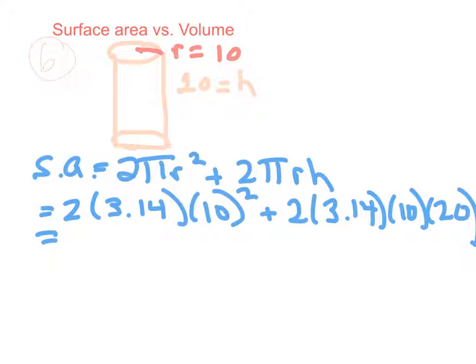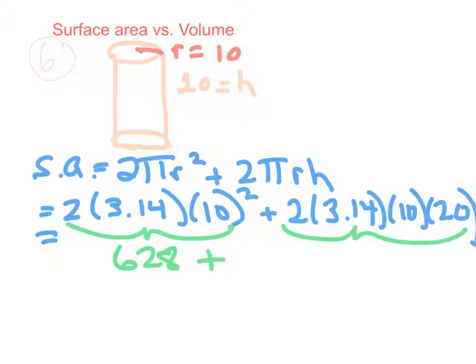I'm going to set these up by calculating the area of the 2 individual pieces. First I'll calculate the area of the 2 circular bases, and that's going to be 628. And then I'll calculate the area of the rectangular face, which is 1,256. When I add those 2 numbers together, I get the total surface area of the cylinder as 1,884 square inches.